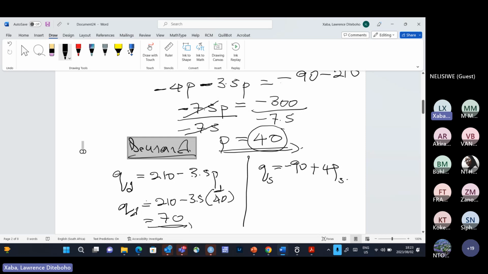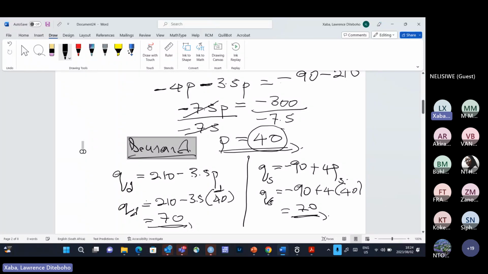We do the same, taking the same price. Now we look at the supply function. Q subscript S equals negative 90 plus 4 times 40. Then we multiply. After multiplying, it becomes 70.